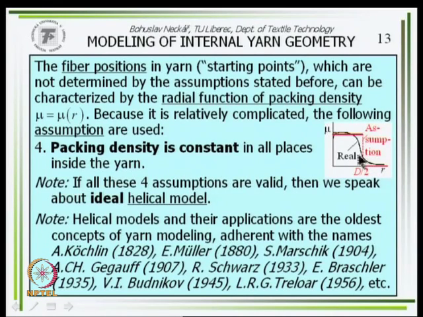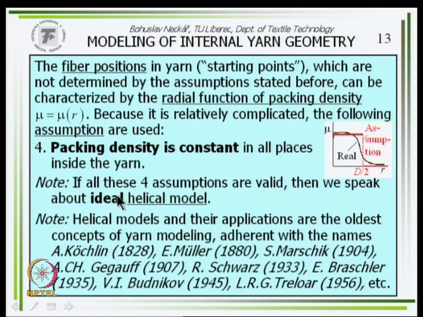We assume in that fourth that the packing density in all places inside of the yarn is constant, like this red horizontal line in our graph. When this assumption is also valid, then we speak about the ideal helical model. The helical model is without this assumption. In the ideal helical model, we accept also this assumption.